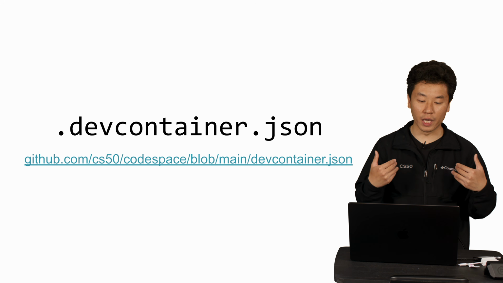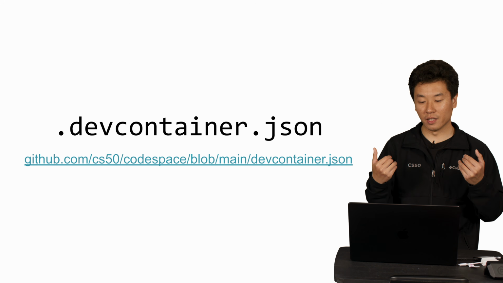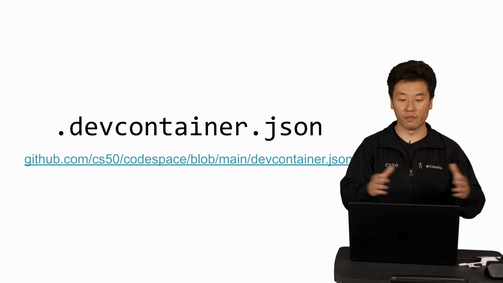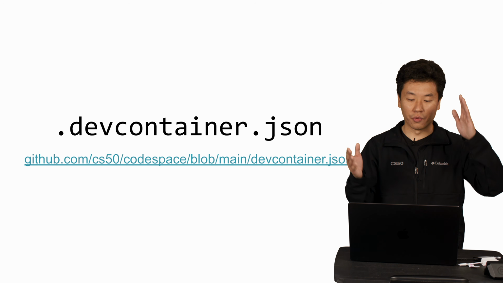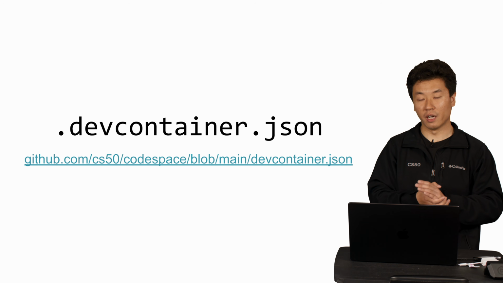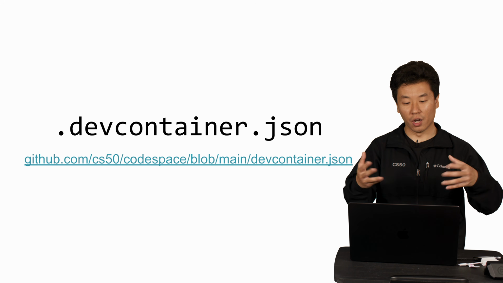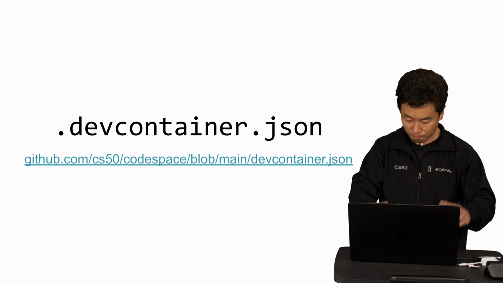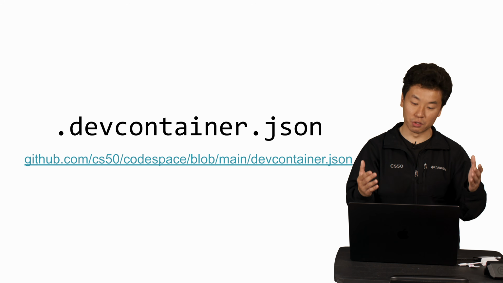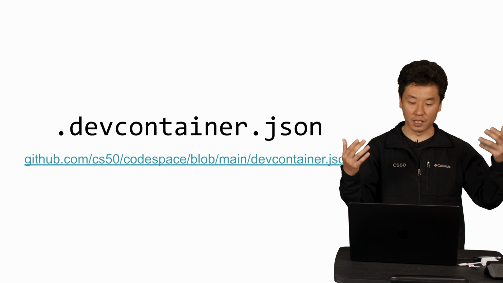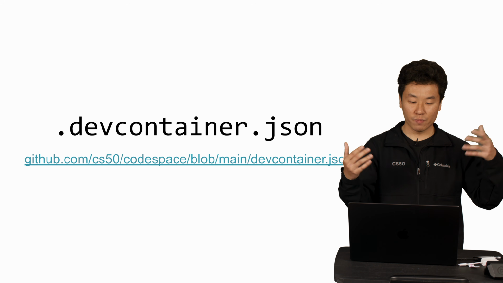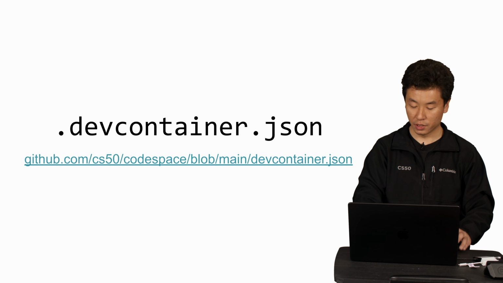In fact, that's how we define the CS50 codespace for all of our students. We write our own Dockerfile and dev-container.json file, put them in students' repositories, and launch a codespace for students automatically. That way, when students go to CS50.dev, they will get the CS50 codespace that has everything they need to complete the course.